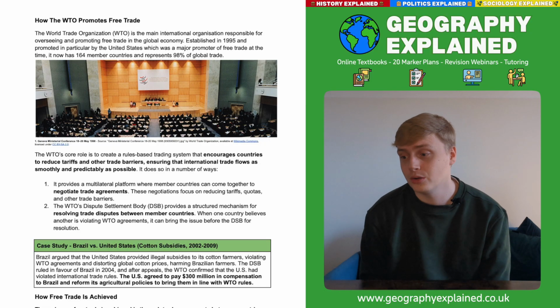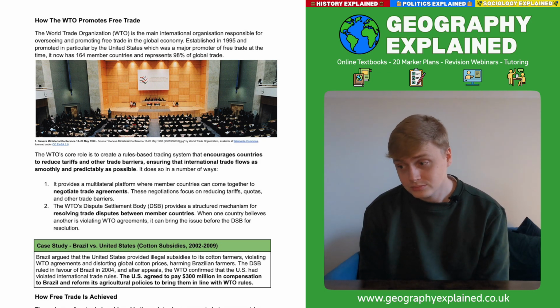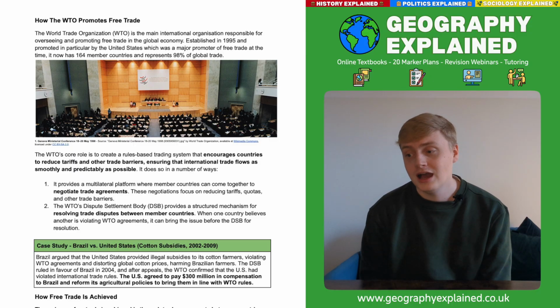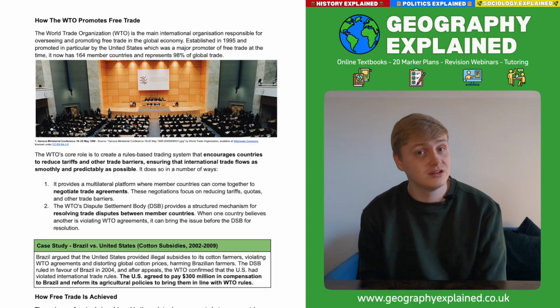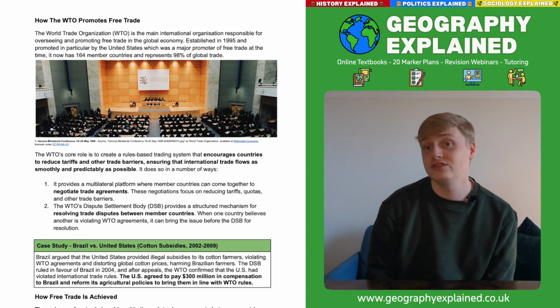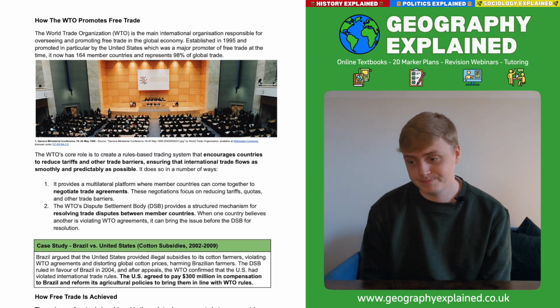They took it to the WTO as a result, and the WTO ruled in favour of Brazil and confirmed that the US had violated international trade rules. As a result, the US agreed to pay compensation. So that's a really good example of the WTO's dispute settlement body bringing down tariffs and resolving trade disputes.